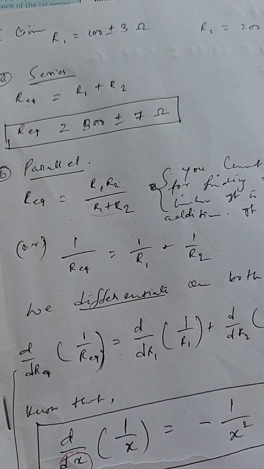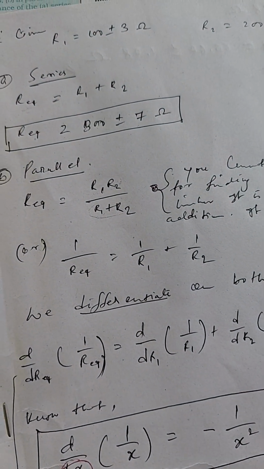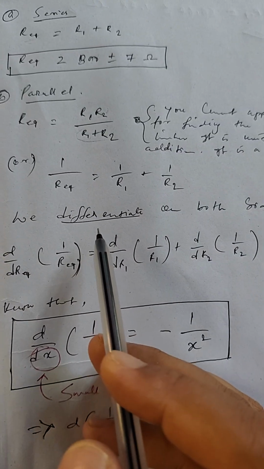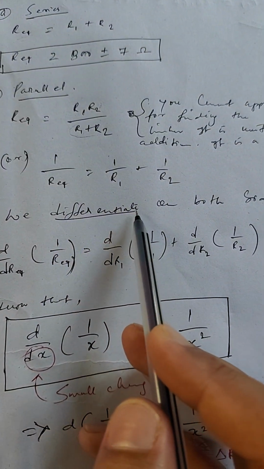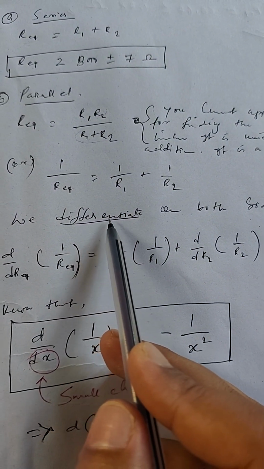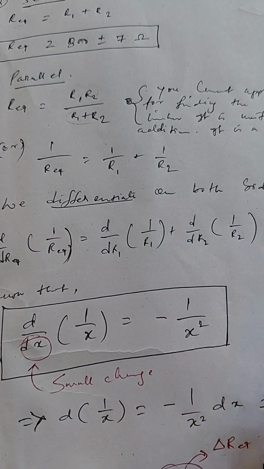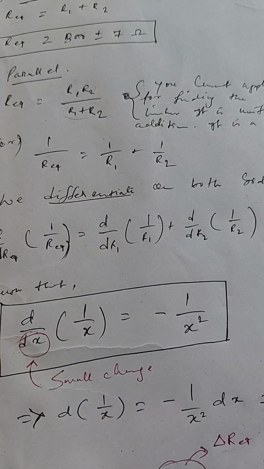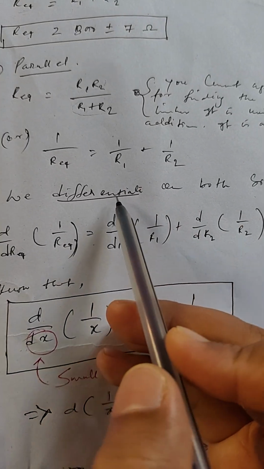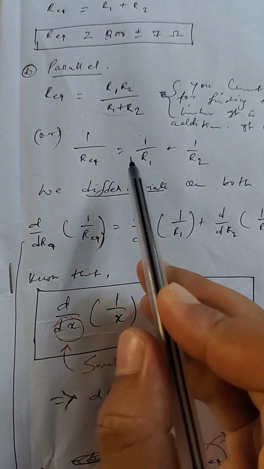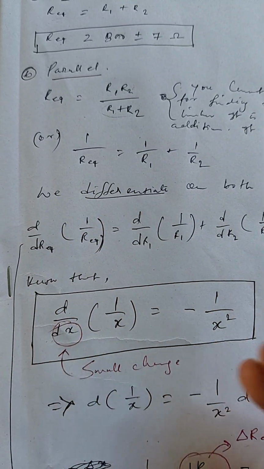So it does not work like that. What we have to do here is use the differentiation rule. With the help of differentiation we can find how much small change in output will occur for a small change in input. So with differentiation we will find the absolute error of R equivalent.